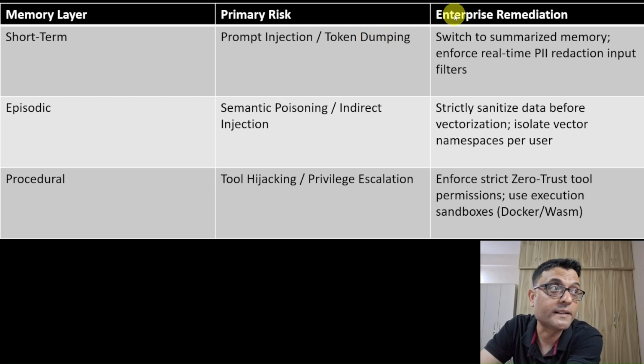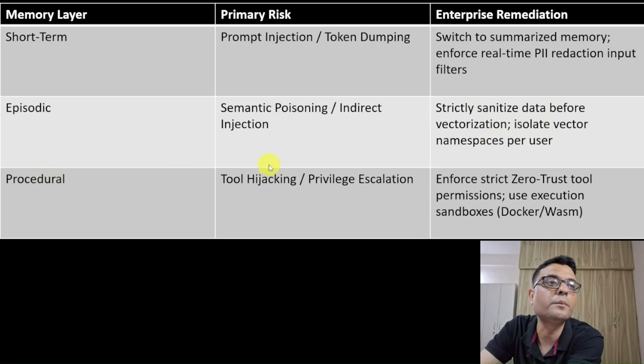For enterprise remediation, you should switch to summarized memory and enforce real-time PII redaction input filters. For episodic memory, the primary risk is semantic poisoning and indirect injection. For enterprise remediation, you should strictly sanitize data before vectorization and isolate vector namespaces per user.